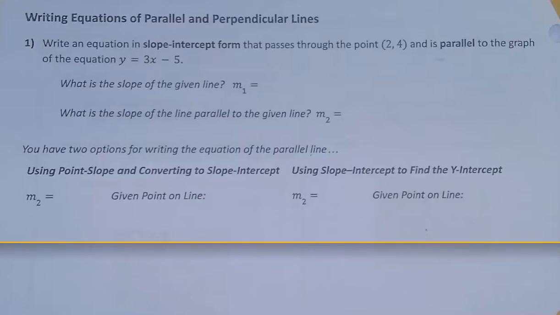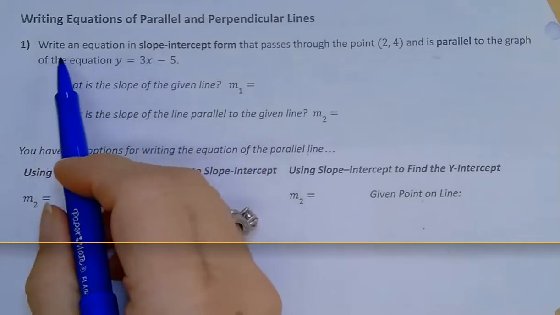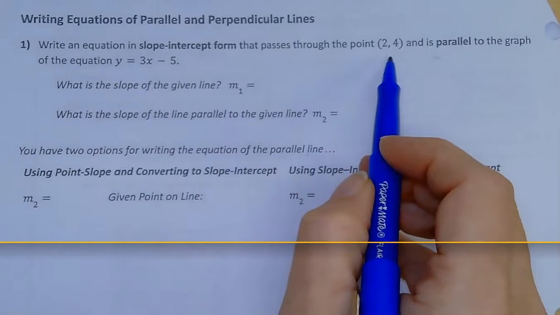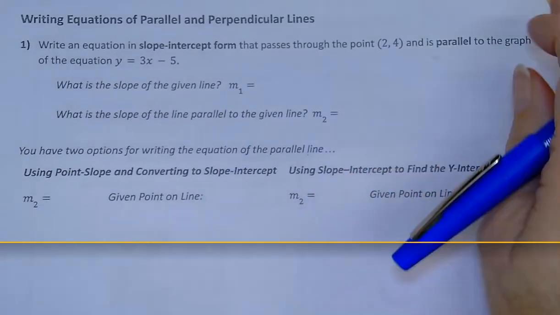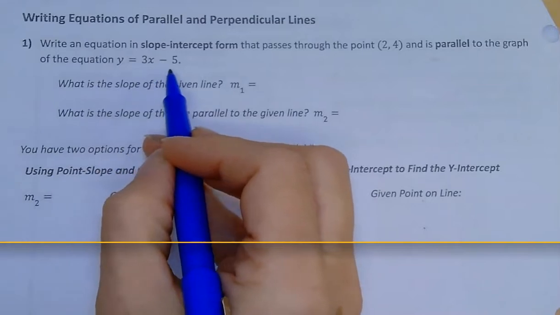All right. Sometimes we're going to be writing equations of parallel and perpendicular lines. So let's read through this question. Write an equation in slope-intercept form that passes through the point (2, 4) and is parallel to the graph of the equation y equals 3x minus 5.